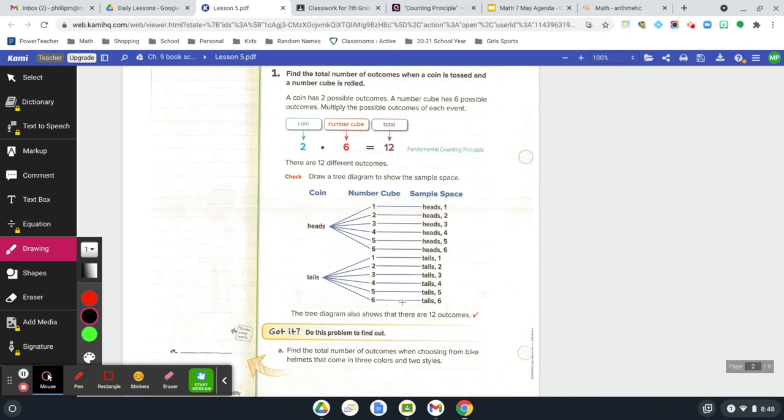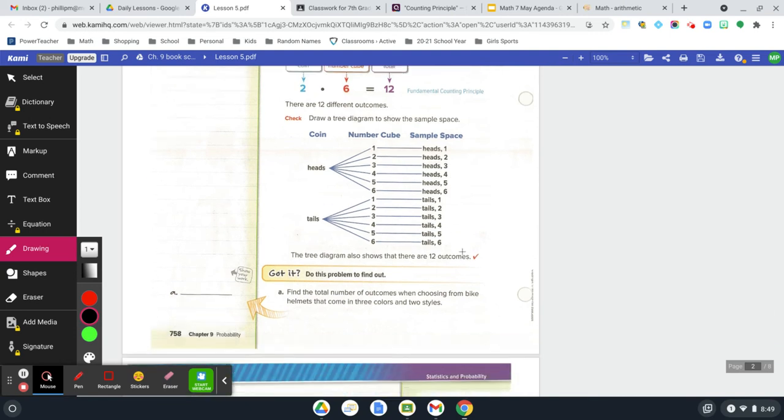So when you look at the tree diagram right now, it is fairly big. I mean, you had to draw 6 branches here. And so as the tree diagrams get larger, this counting principle just makes it quicker and easier to figure out your outcomes. So let's take a look at the got it.